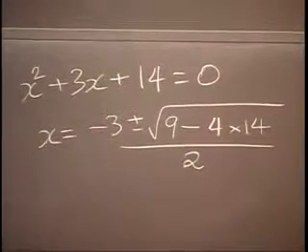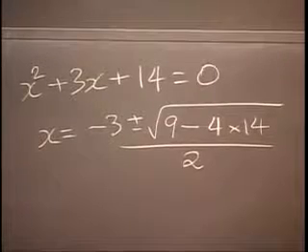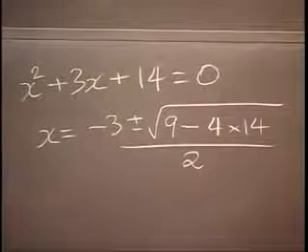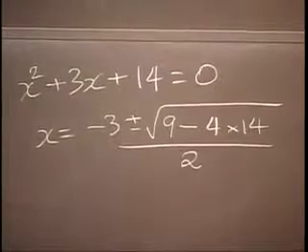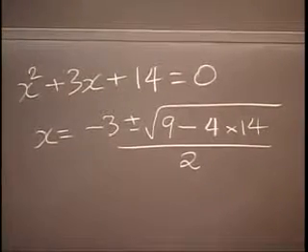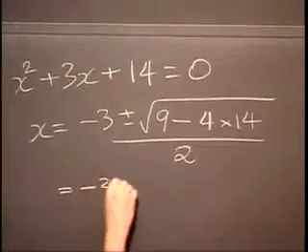Well, 4 14s, 68. No, that's not right. 4 14s are 56. 9 minus 56 is negative 47.